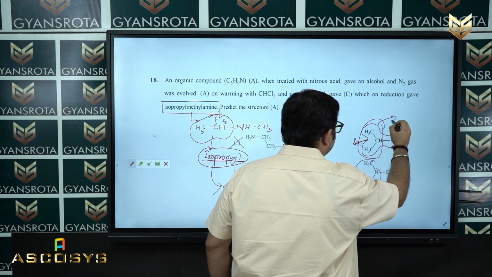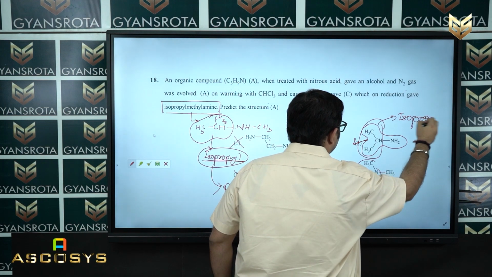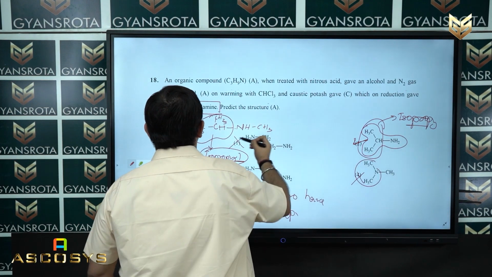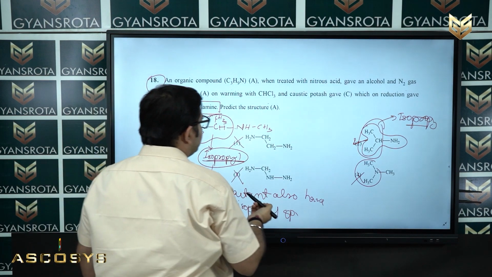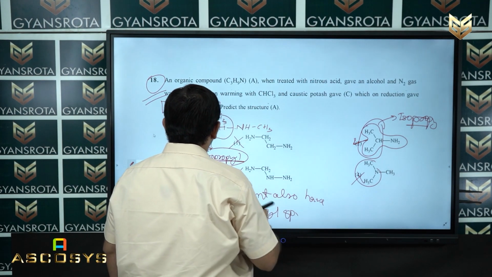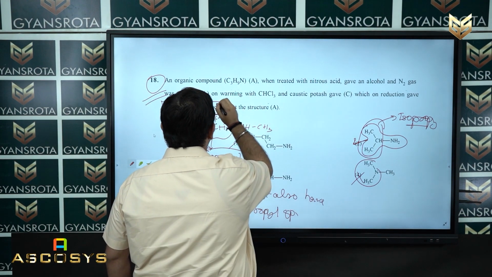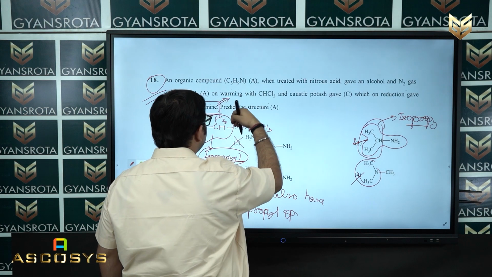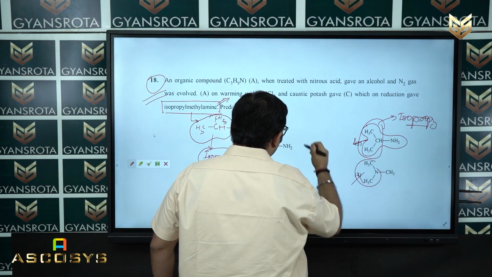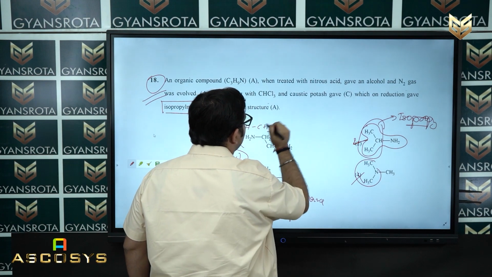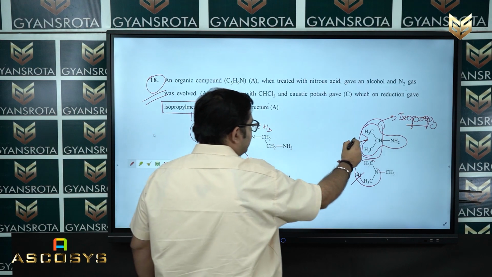This part is nothing but our isopropyl group, and your option number 2 is the correct answer of your question number 18. So, if you see these types of organic questions, if you know how to find the key concept present inside the question itself, you can easily solve it without solving the whole chemical reactions. So, we know the answer is 2.